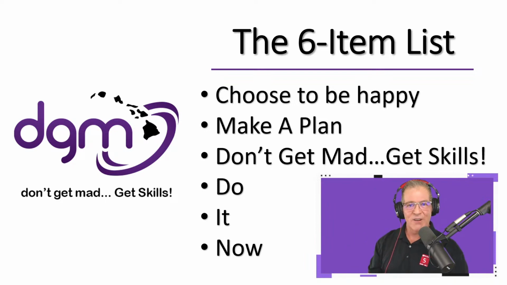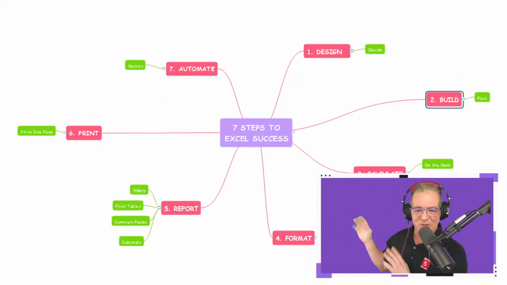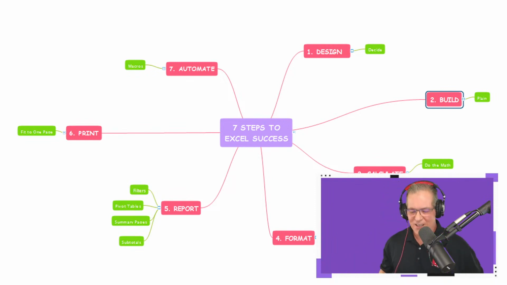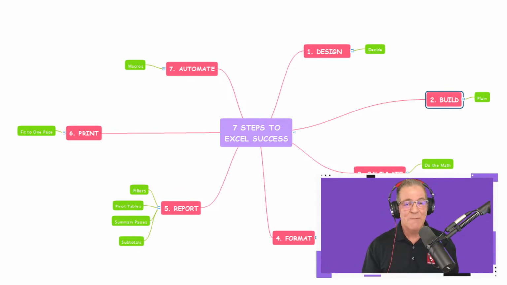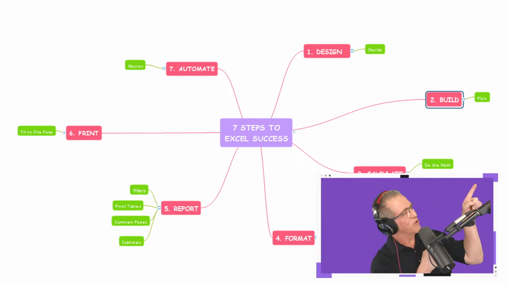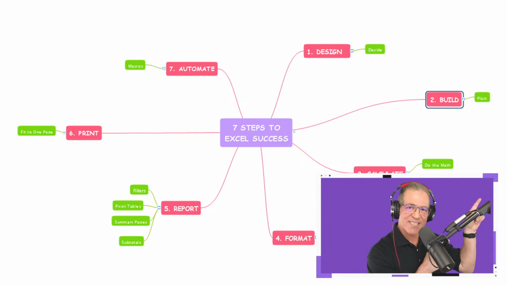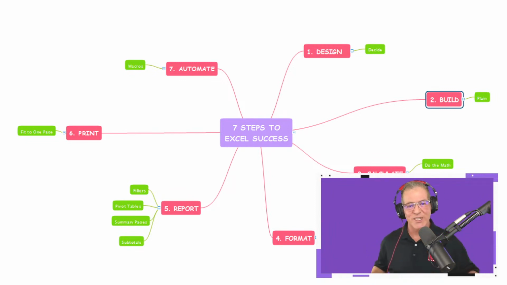So do it now. And my friends, this is the 7 steps to Excel success right here. You all know that's what I teach. I teach the 7 steps to Excel success so that you can lay a solid foundation and catapult your skills to the next level. You're always going to use the 7 steps to Excel success.